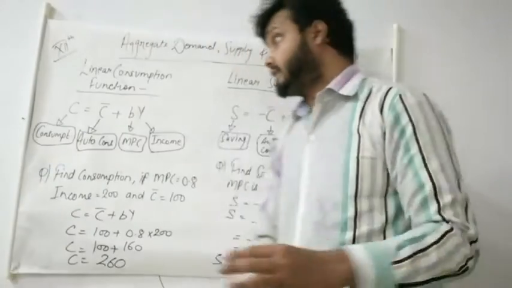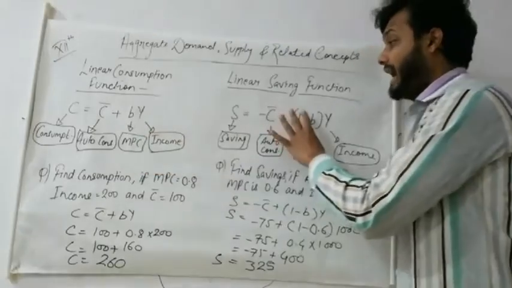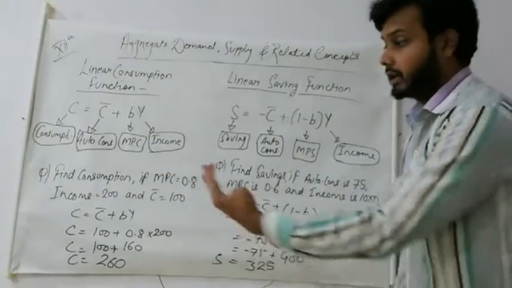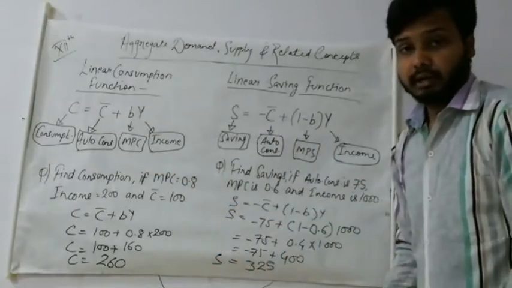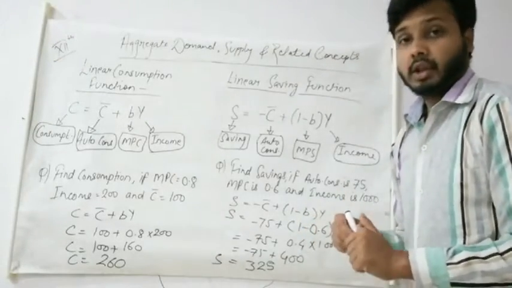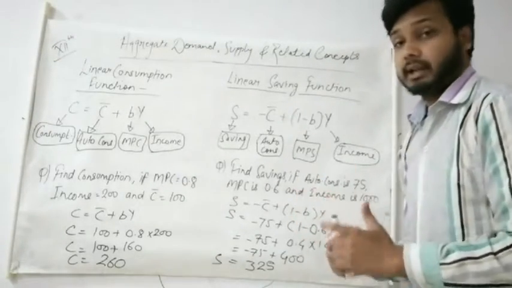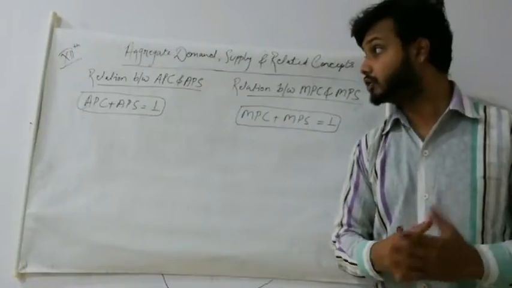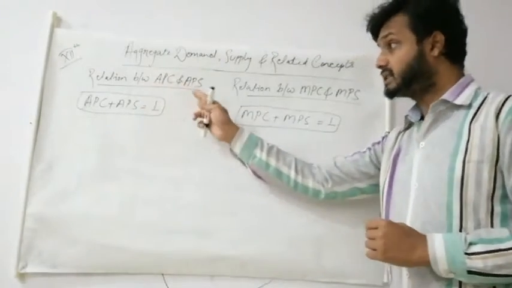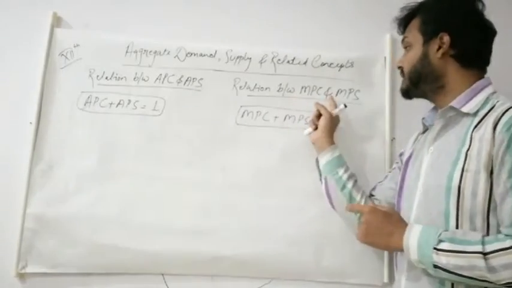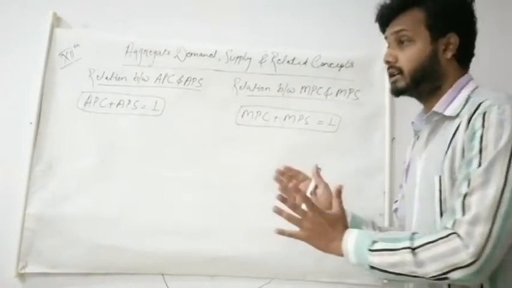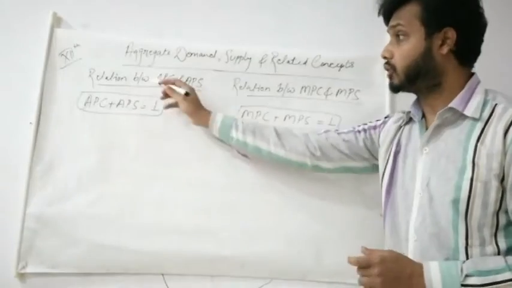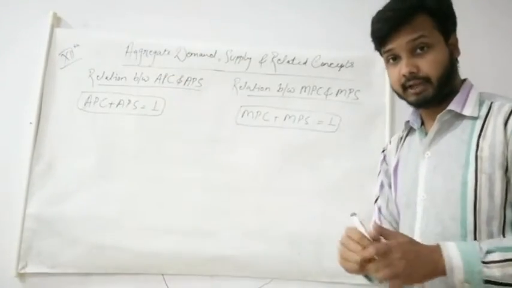So this was, students, about linear consumption function and saving function and how we can apply the formula to calculate various things. Okay. Now we will see the relation between MPC, MPS and APC, APS. See, students, the relation between APC and APS, MPC and MPS. This we have studied in previous classes, that what do we mean by this and how can we calculate this.